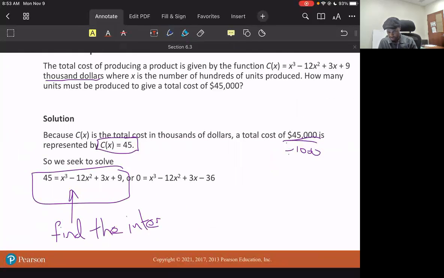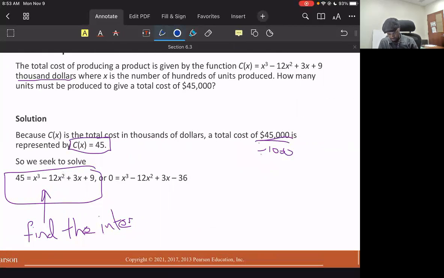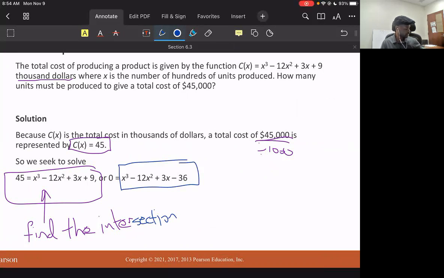Or we can find the actual x-intercept. I'm going to write this function down, and then go to Desmos. If you want to try to factor, you can. That's one of your options, but I prefer graphing because it's a lot smoother.